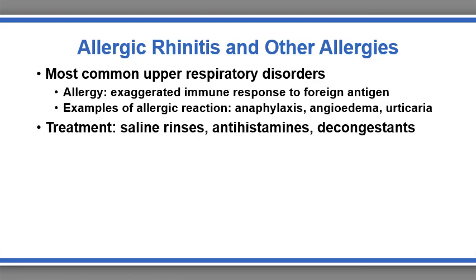When we look generally at the respiratory allergies that can occur, saline rinses, antihistamines, and decongestants, you need to be familiar with all the different types of medications and where they fall within this.